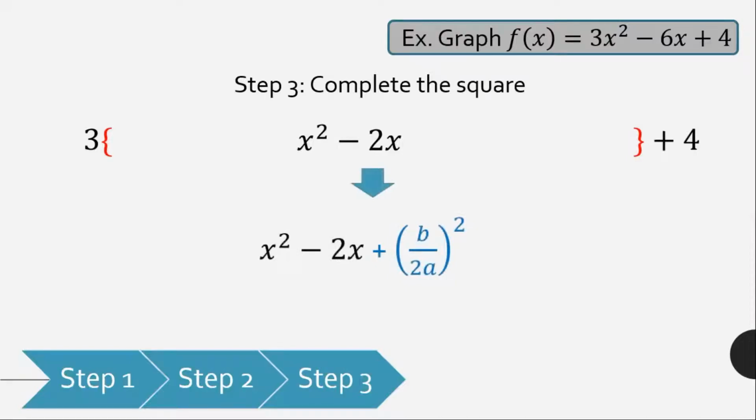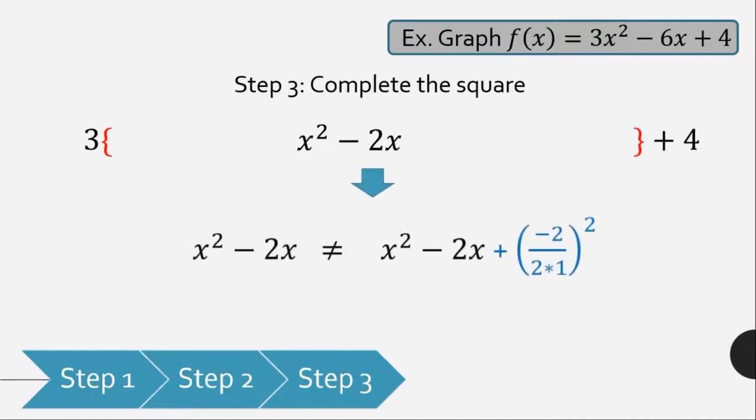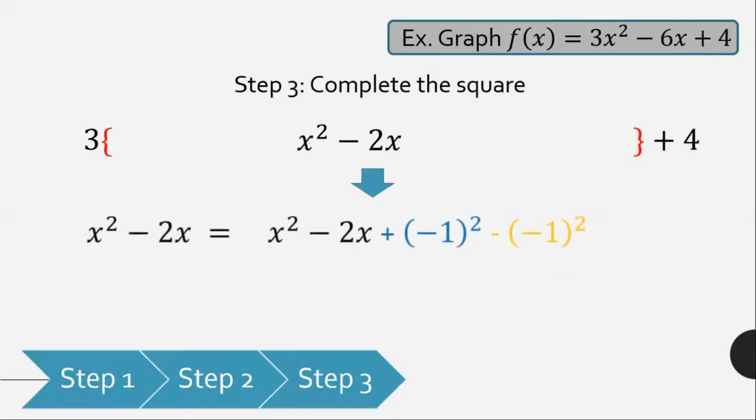What we would really like is to have that b over 2a squared term. But again, I can't just add b over 2a squared and replace the x squared minus 2x. They would not be equal. So instead, I have to not only take the negative 1 squared in blue, the part that I want, I will have to also take away the negative 1 squared, the part in yellow.